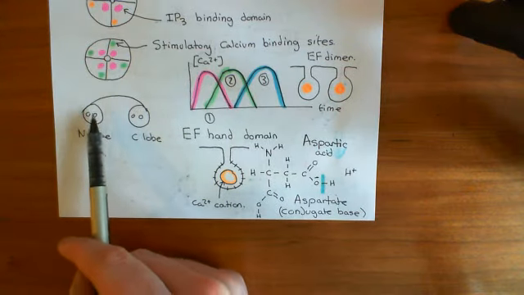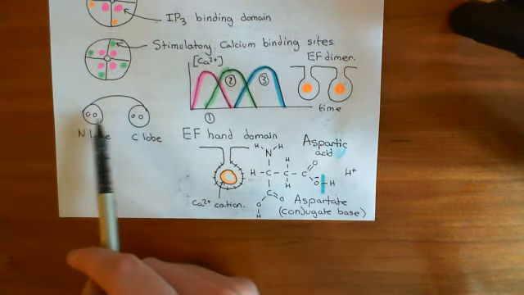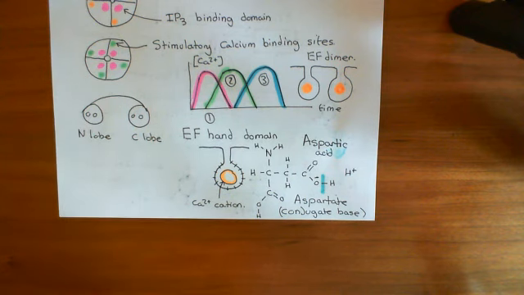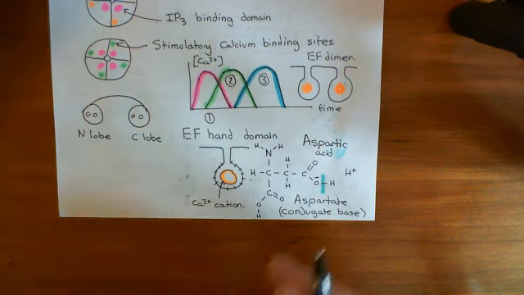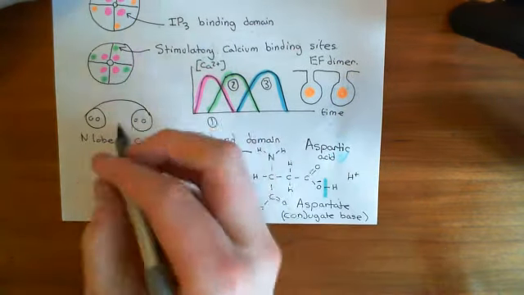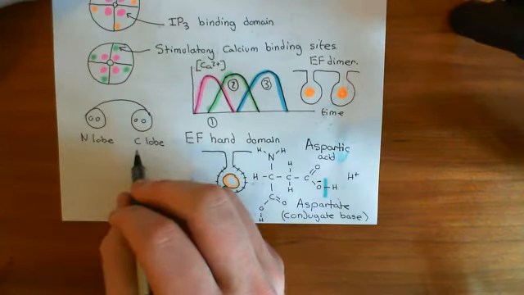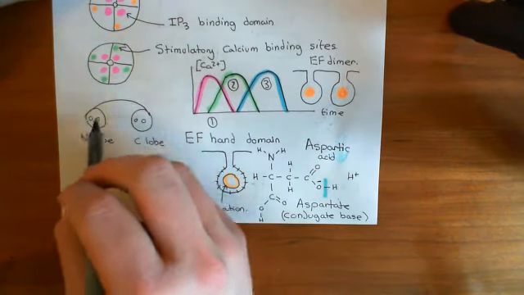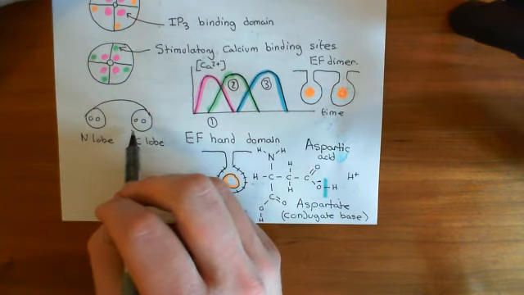You've got a single EF dimer on both of them, which means that overall you've got two EF domains and two calcium binding sites. Now, when calmodulin does not have calcium bound to it, it is in this sort of state here. The lobes are sort of bent over, hunched over towards one another.